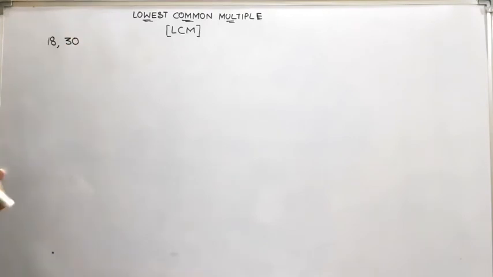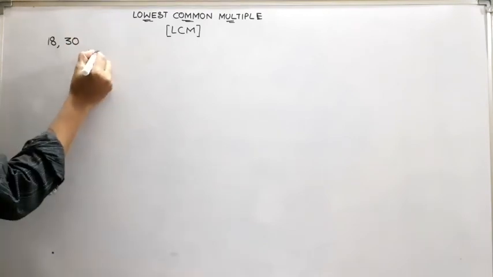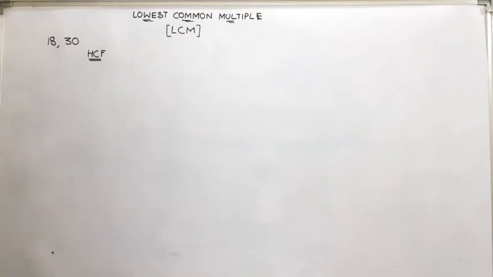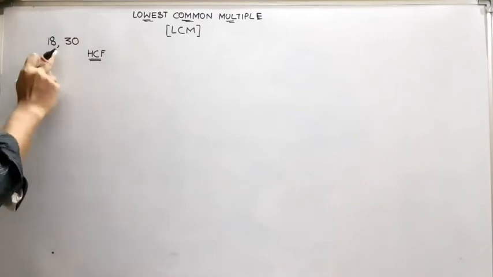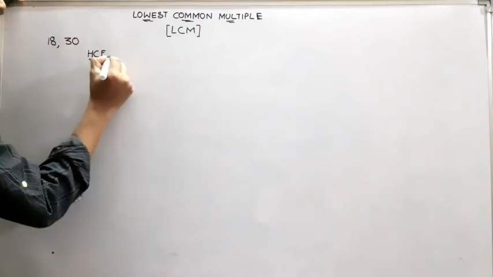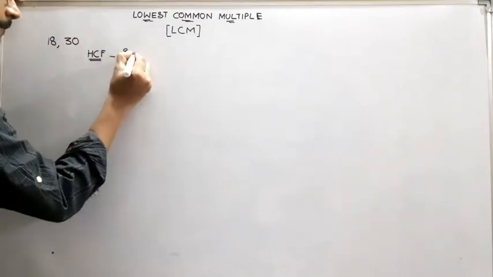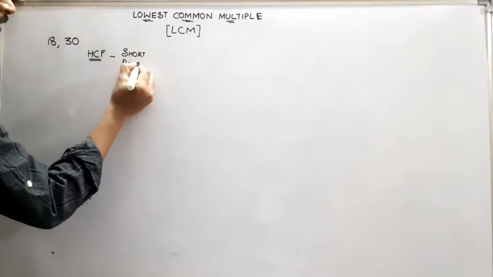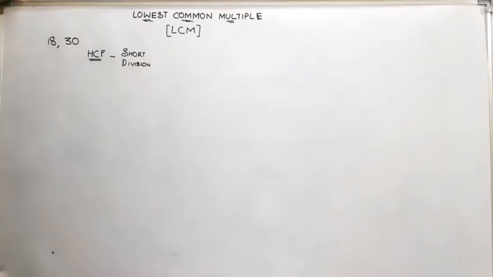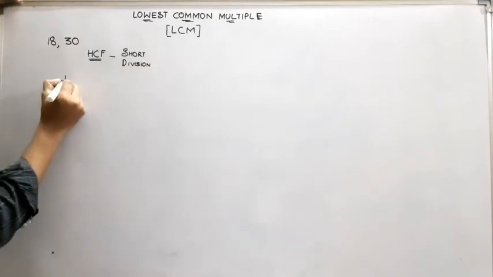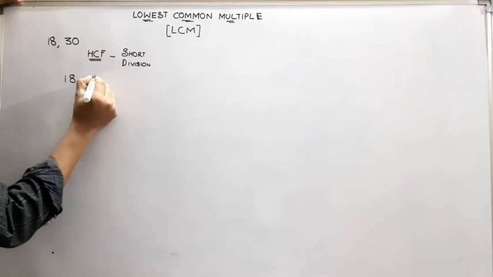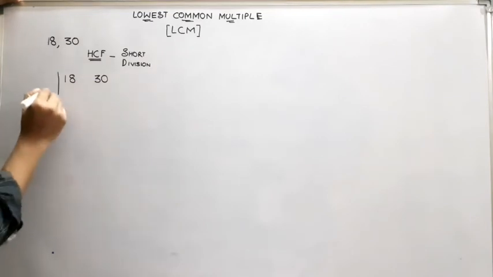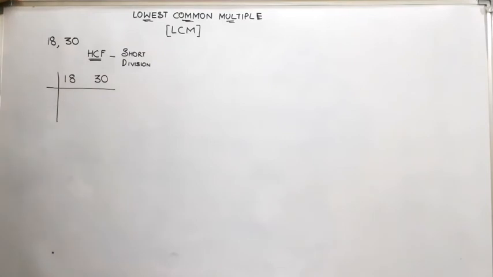First I want to find the HCF of these two numbers. Observe the board very carefully, children. First I want to find the HCF of these two numbers using the short division method. In the short division, we'll take the numbers together and start finding the common factor for both the numbers.